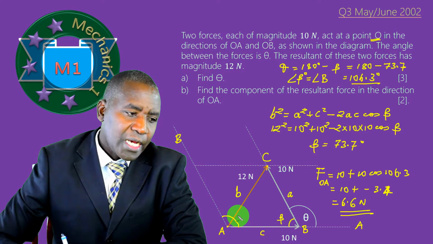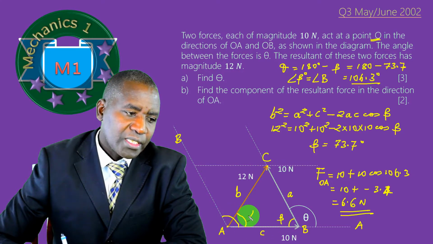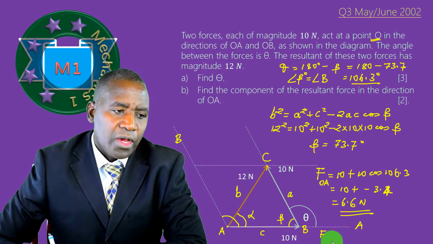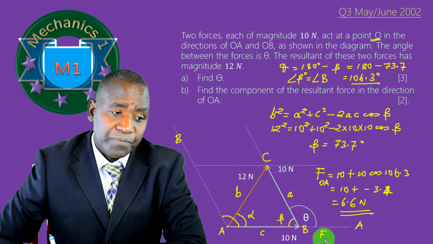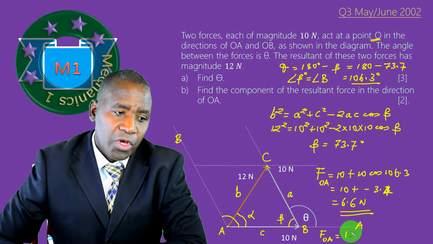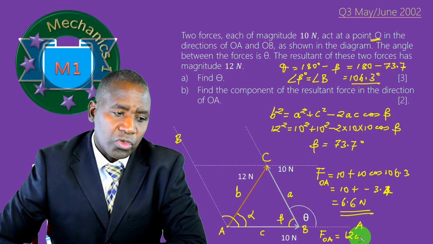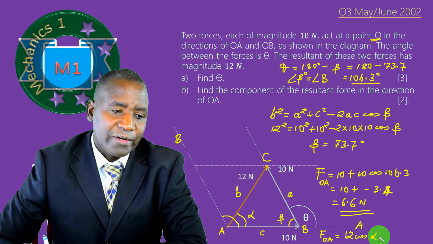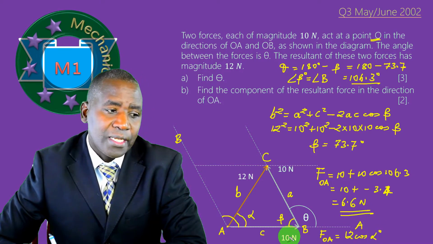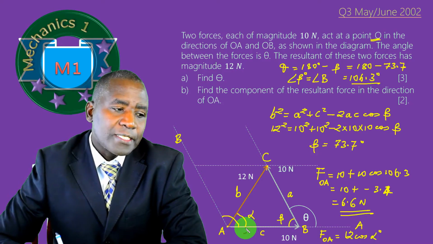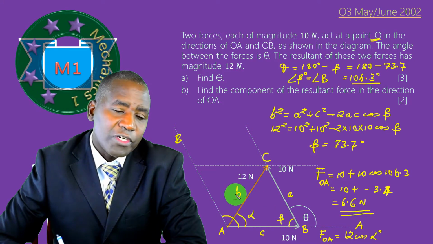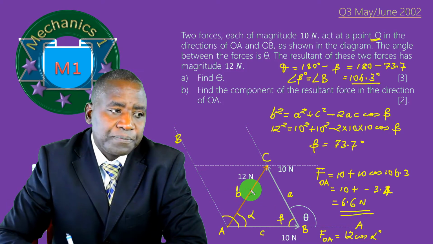Alternatively, is to get this angle here, you can refer to it as alpha, and you're going to get the component of the resultant in the direction OA is going to be equal to the resultant force itself, which is now 12 newtons cos of alpha. Maybe you can verify this is equal to this value later on, because you can get alpha by doing sine alpha over 10 is equal to sine beta over 12. I'm using the sine rule there.